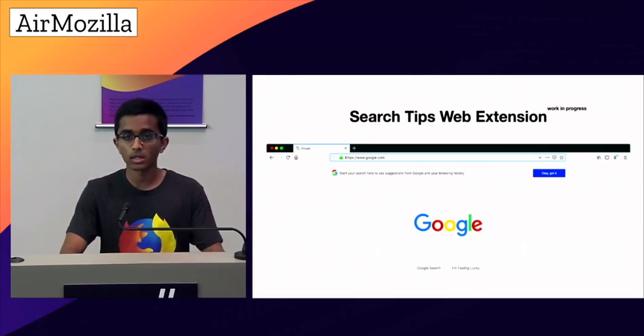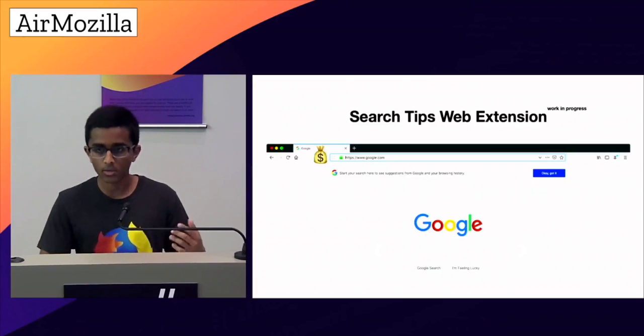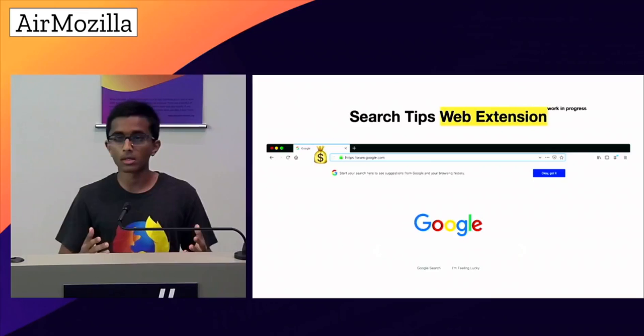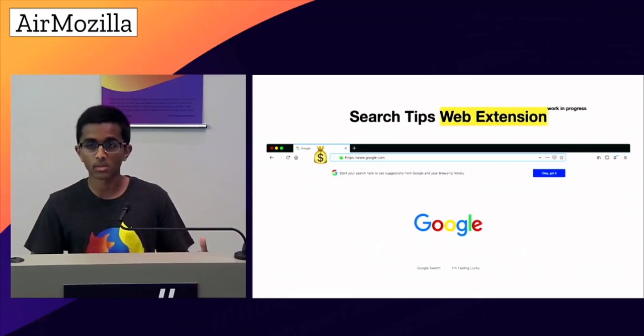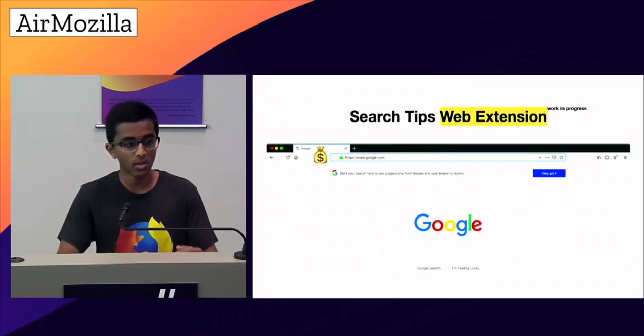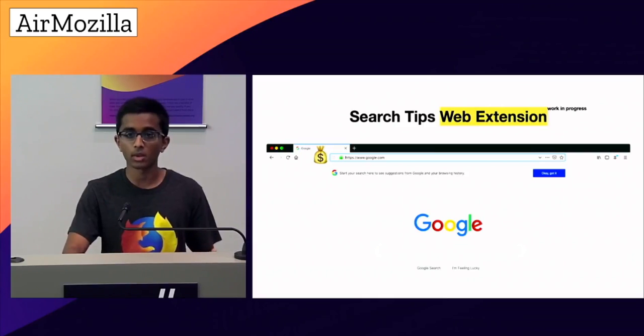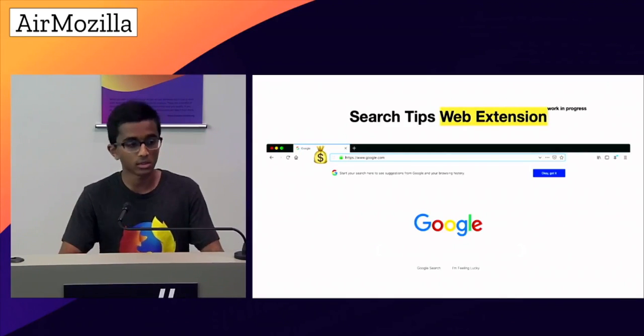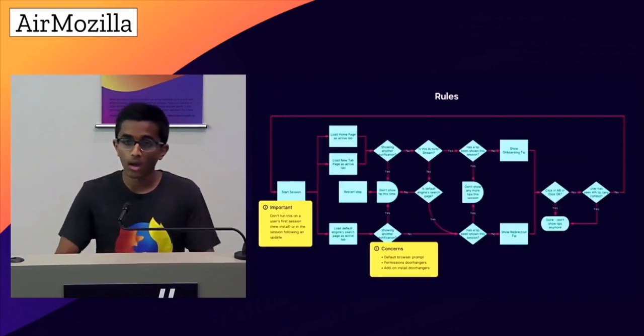So we want to build a web extension. The reason I want to build this as a web extension is because we want to roll this out as an experiment to a small percentage of our users before we consider making this a part of Firefox. We want to see if it will actually influence the way people search. And if we can get more people to use the address bar for their searches, we'll also make more money.